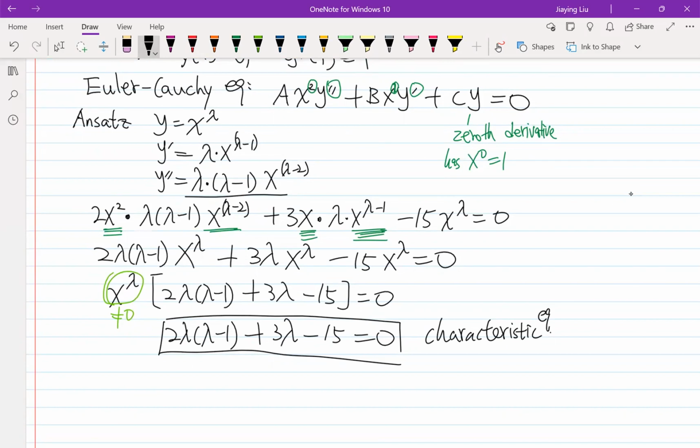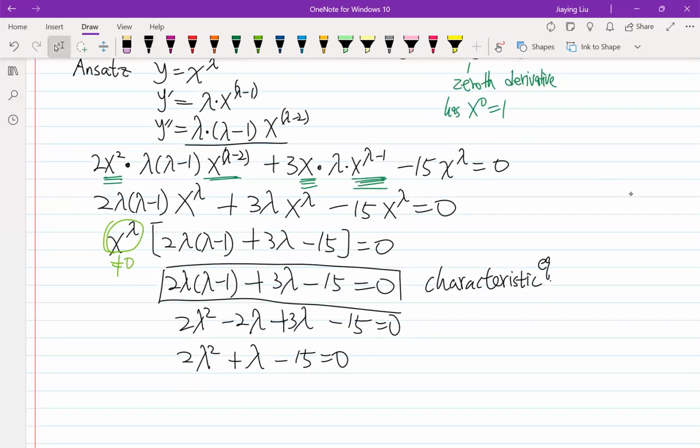If we solve this, just expand it. So we get 2 lambda squared minus 2 lambda plus 3 lambda minus 15 equals 0. So that's 2 lambda squared plus lambda minus 15 equals 0. And then we can solve it by factoring or by quadratic formula.